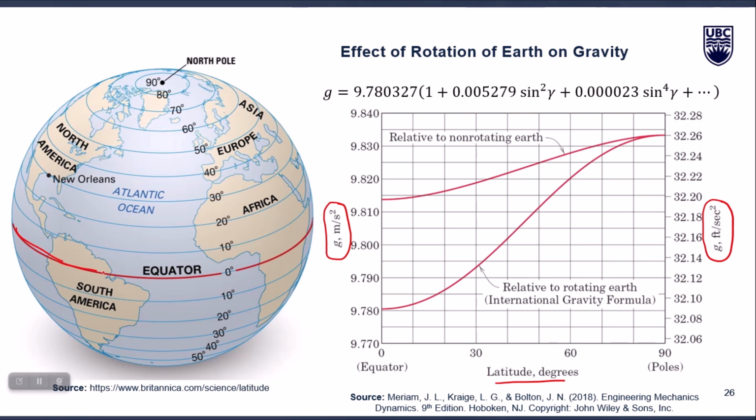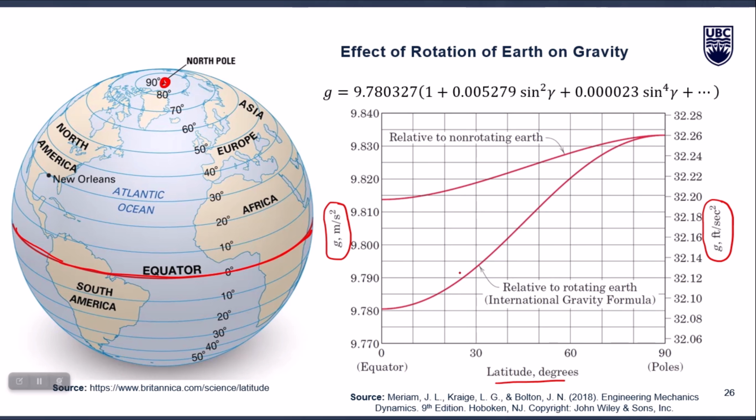All along this line, which is the equator, you will be experiencing the maximum effect of Earth's rotation on gravity. But if you happen to lie on any pole, for example, the North Pole, that effect will be negligible. The values at those poles will be the same as the values if there was no rotation of Earth.